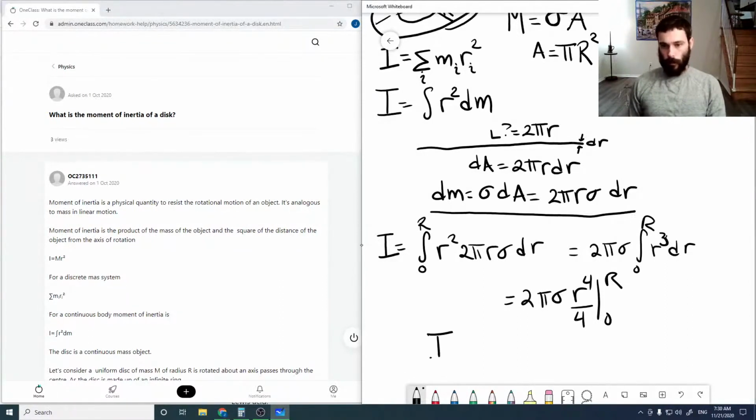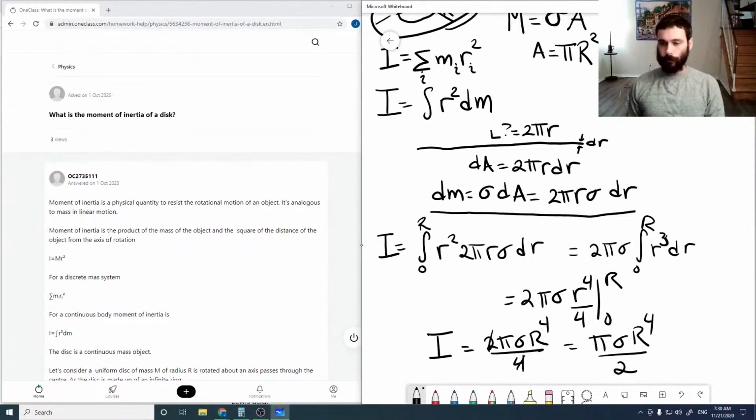So then our moment of inertia is 2 pi sigma r to the 4th over 4, or canceling the 2, pi sigma r to the 4th over 2.